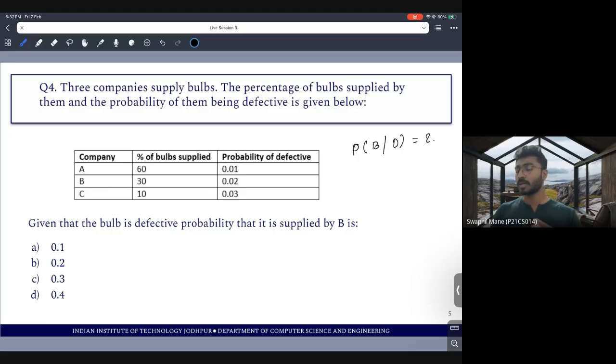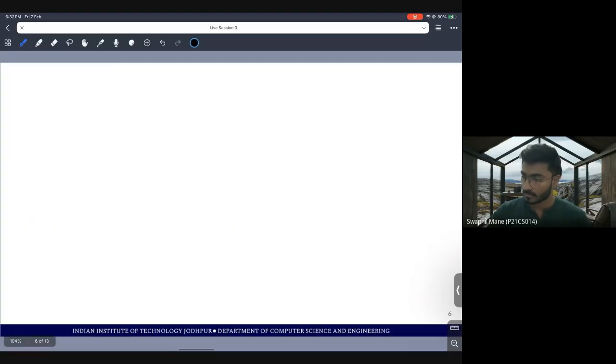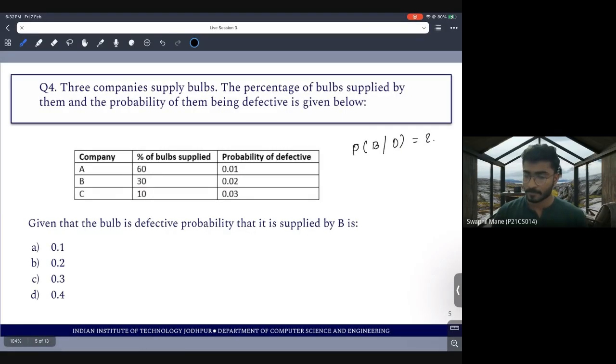This needs to be solved by Bayes theorem, which is based on conditional probability. Let me know which one is the correct option.